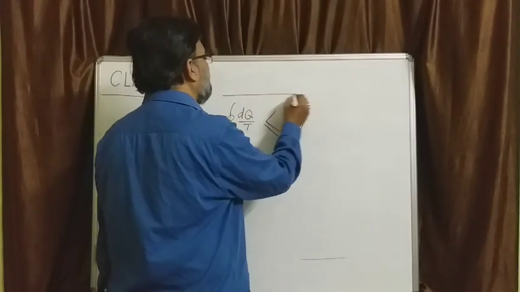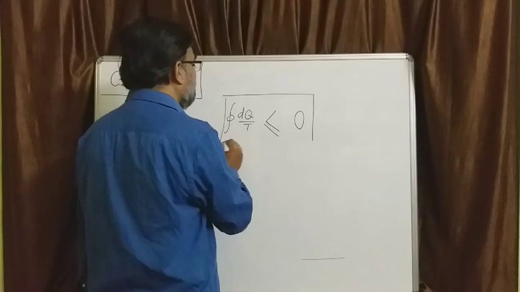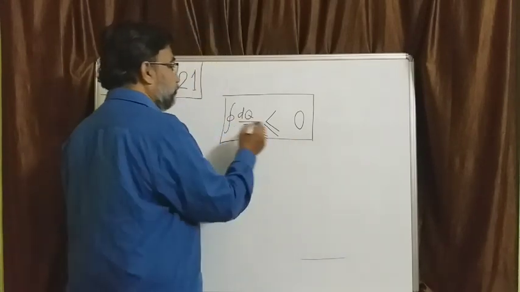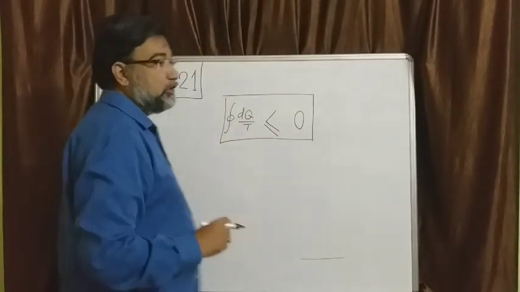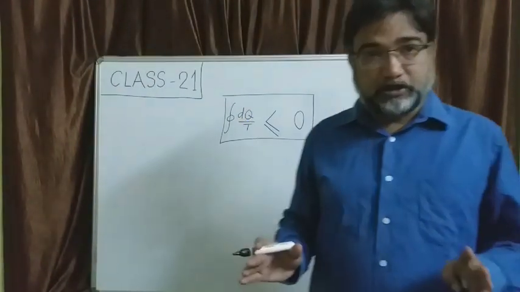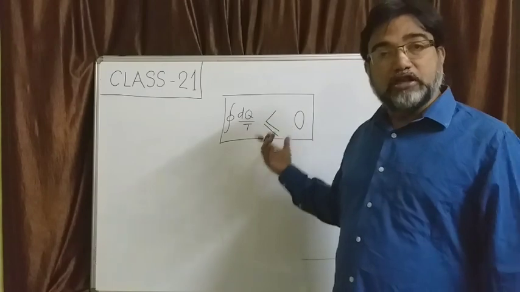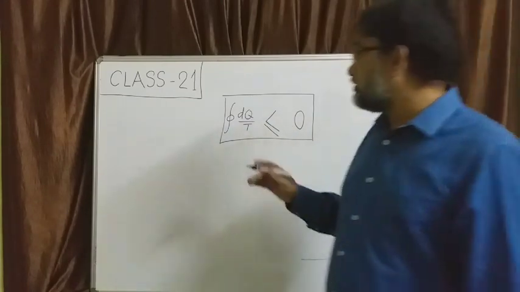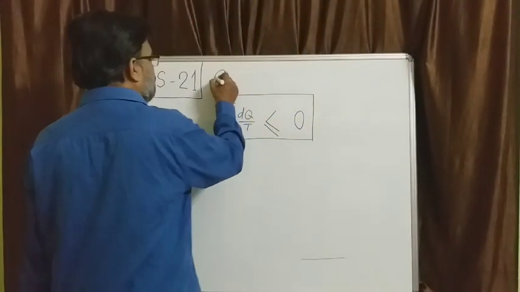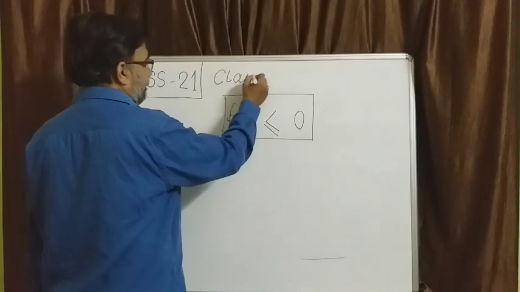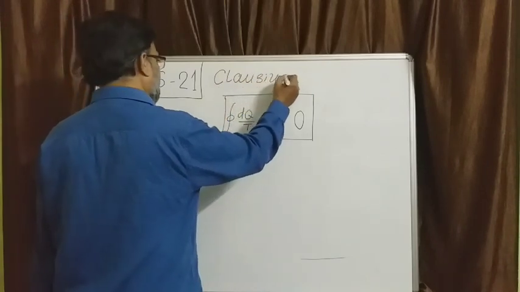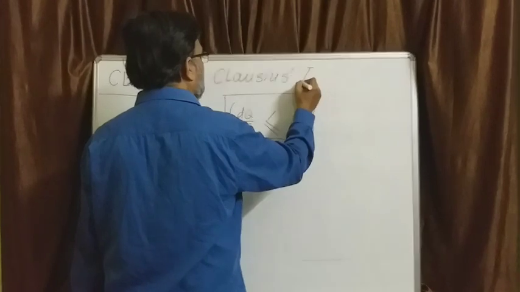So the general statement is the cyclic integral of dq by t is less than or equal to 0. And this inequation, there is an inequation because there is a less than sign, this is not an equation, is called Clausius inequality.